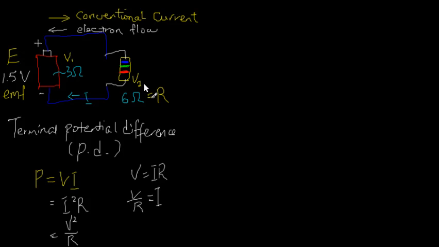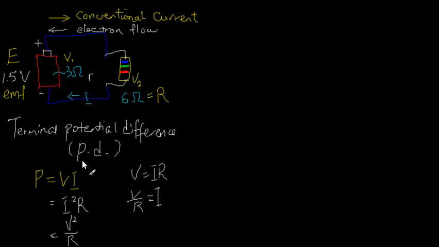So for this example, we know the EMF, we know the internal resistance, I'll call that little r. We know the external resistance. So I want to calculate the power now on this external resistance. Now, looking through these formulas, we need to pick one that we can use.